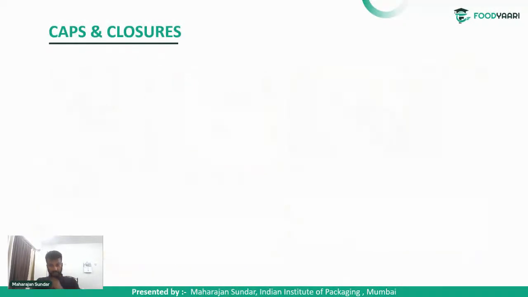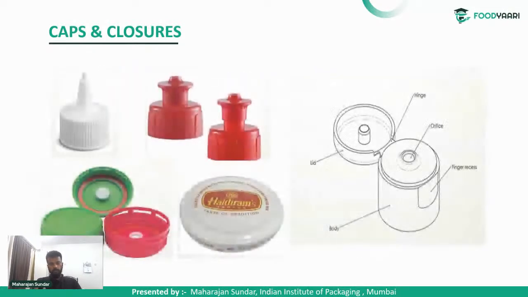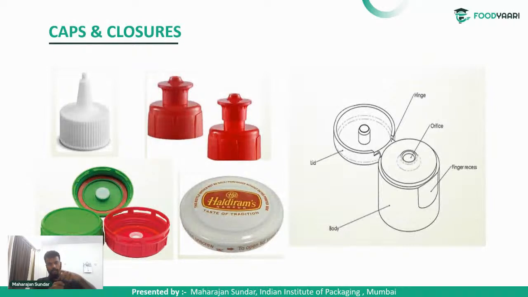And tamper evident closures are of three types. Tamper evident closures prevent unwanted inclusion of unwanted products, intentionally or mistakenly, into the product which is packed inside.